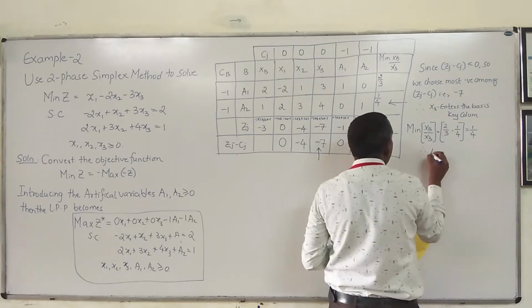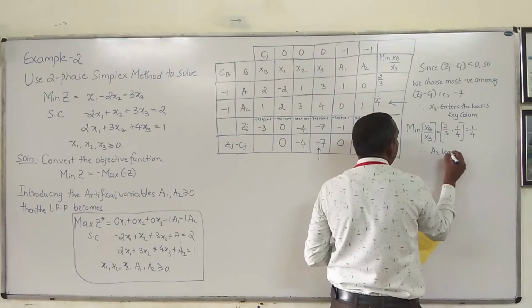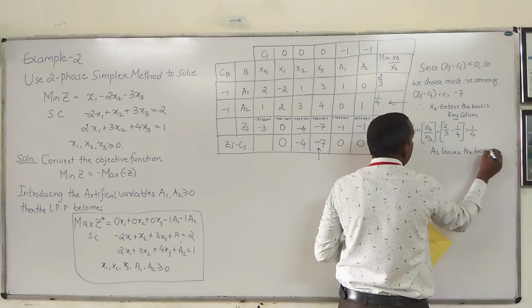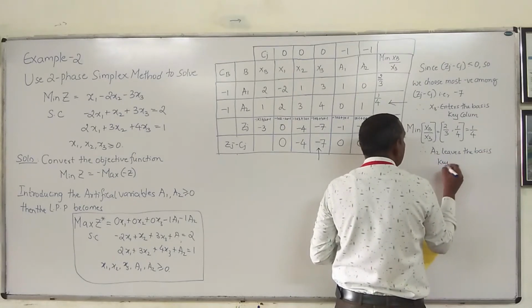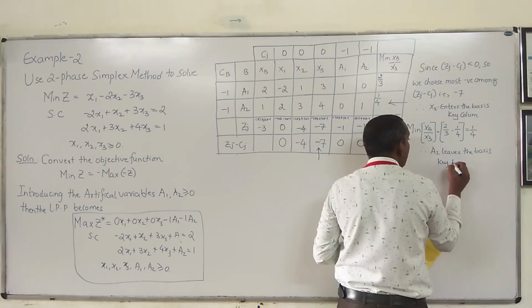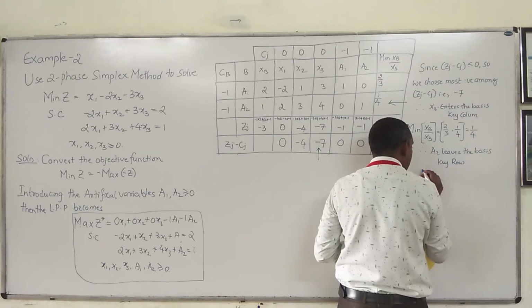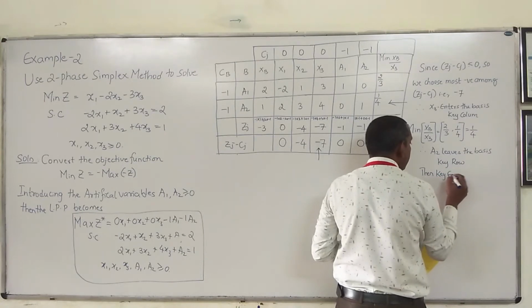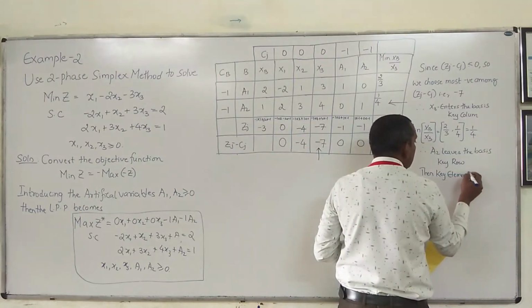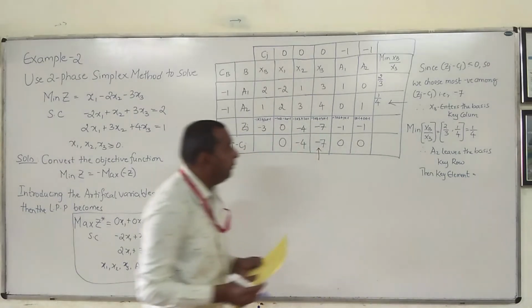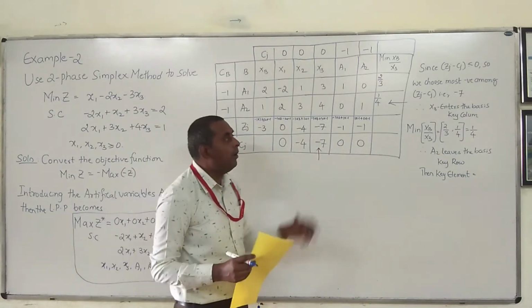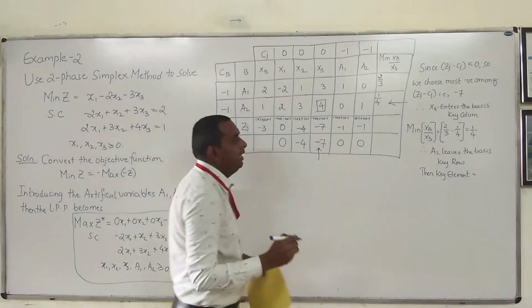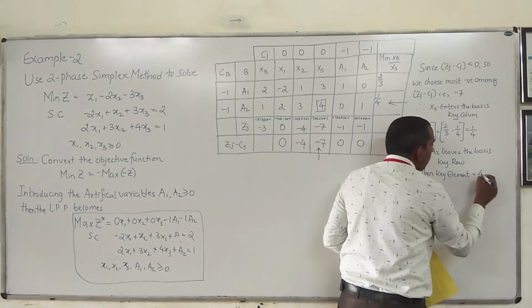Therefore, A2 leaves the basis, that is the key row. Then the key element: how to find it? The intersection of key column and key row gives the key element. Key element is equal to 4.